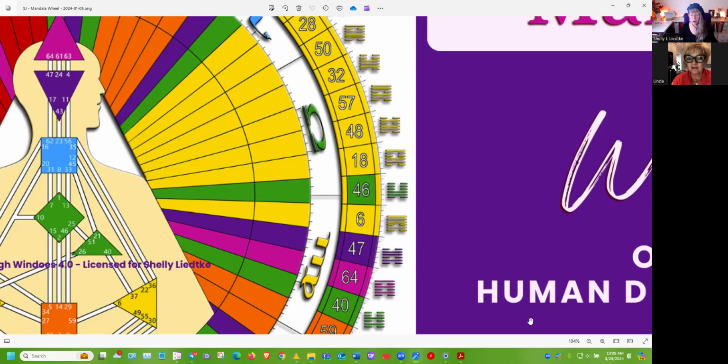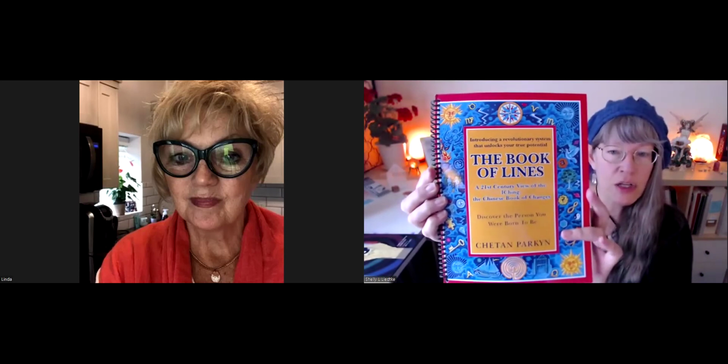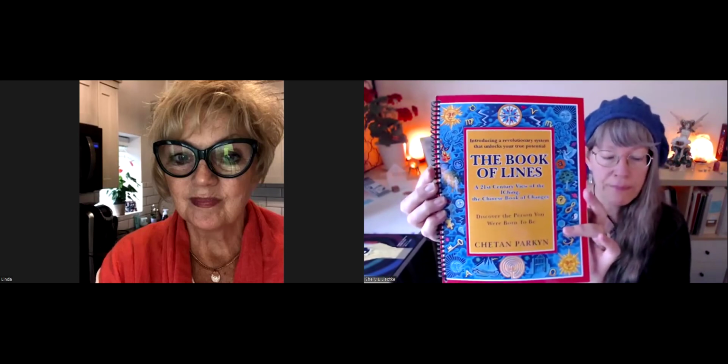Let me stop sharing real quick. The books that we're going to be referring to are Chetan Parkyn's Book of Lines. This is like the Chinese I Ching, but it's the Human Design version. Chetan's put a lot of lovely work into it for us.